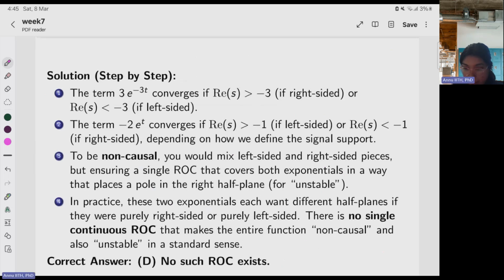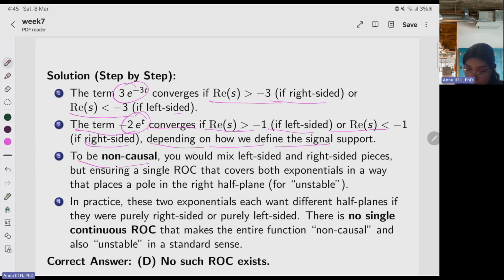So let me see the step-by-step process. The term 3 e^(-3t) converges if real of s is greater than minus 3 if right-sided, or the other way if left-sided. The term 2 e^t converges if real of s is greater than 1 right-sided or less than 1 left-sided, depending on how we define the signal support.